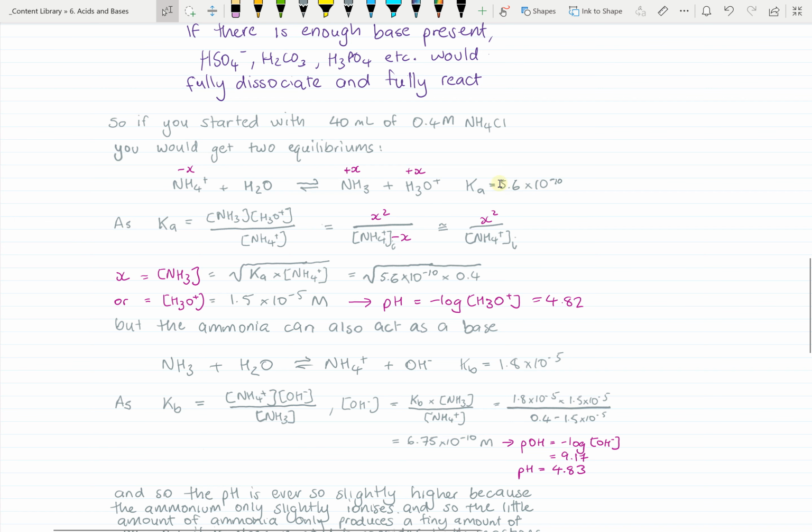Because the Ka is very low, the vast majority will still be in the ammonium form. But of course, you'll get some hydronium and you'll get equal amounts of ammonia. And people would go, well, ammonia is a base, so they should just cancel out each other and this should be pretty much neutral. But in reality, this ammonia is not a base itself.